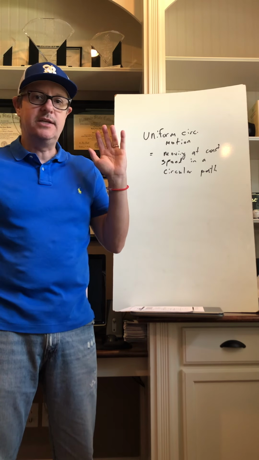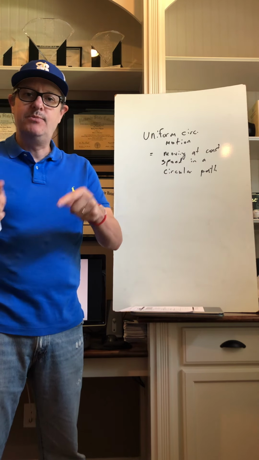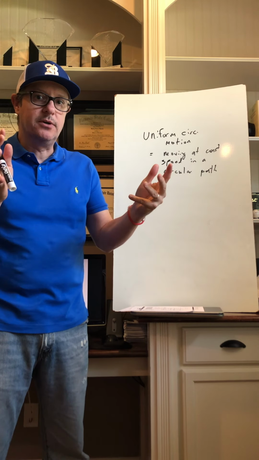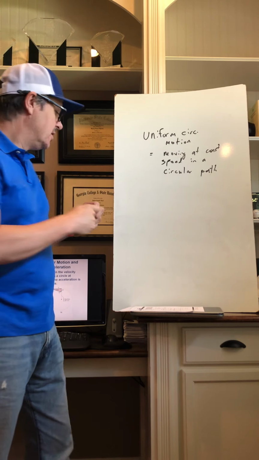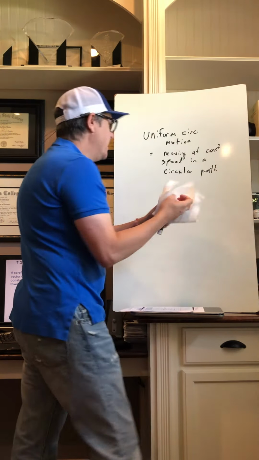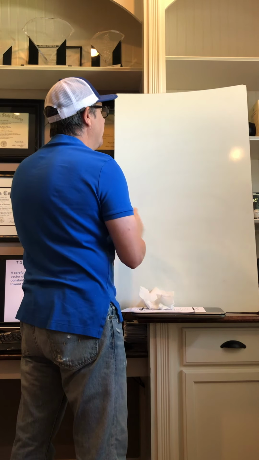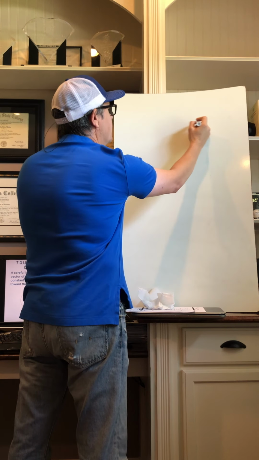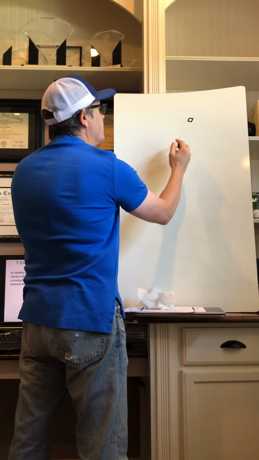So we've learned and said this over and over again, what is needed for an object to accelerate? And I hope you know the answer. The answer is an unbalanced force or a net force. So let's look at an object that is moving in a circular path. If this is the center right here, and this is the object right here, we'll do it as a free body, as a square like that.